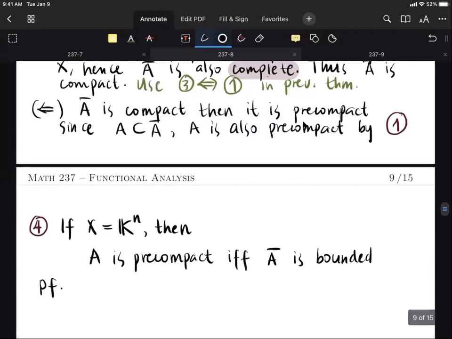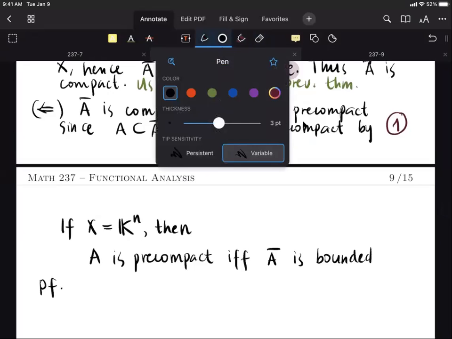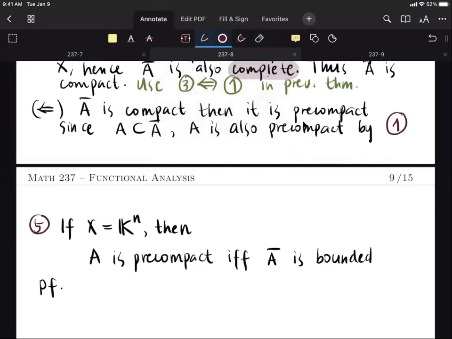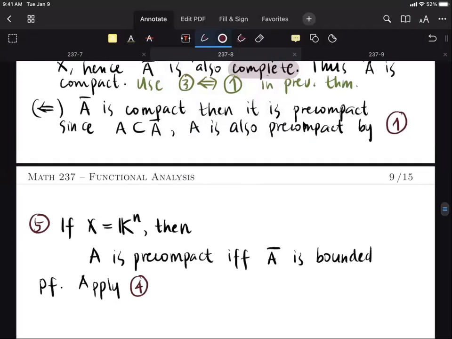And this should be remark 5. Here, you just apply the previous remark and the Heine-Borel theorem.